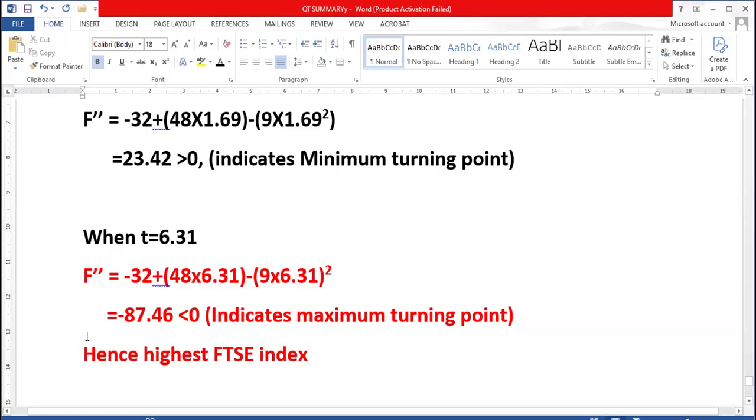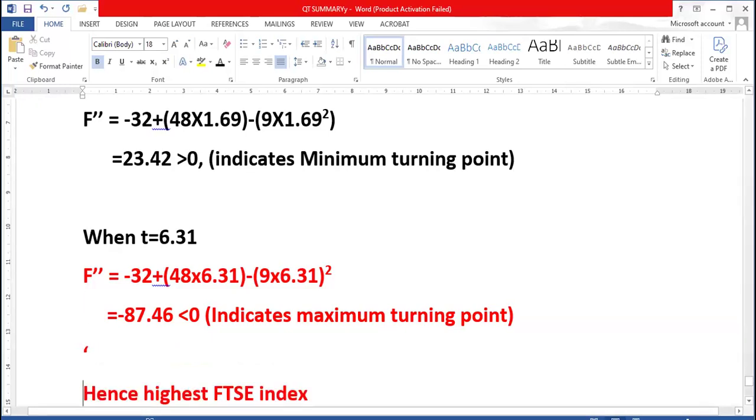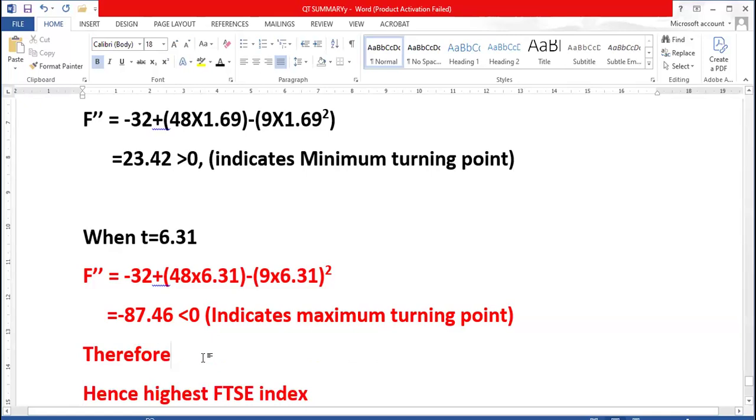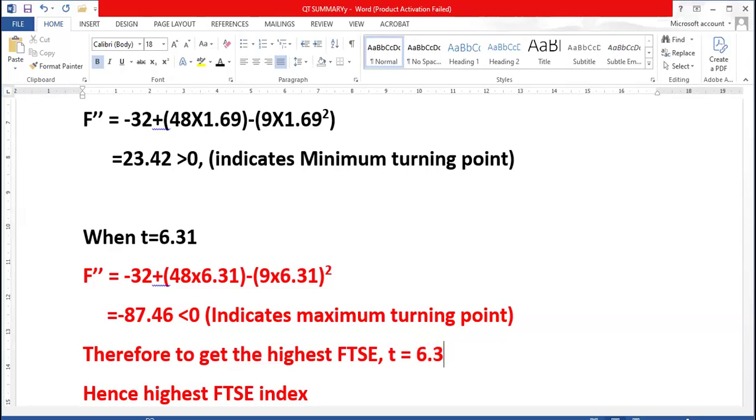Okay, before you do this, therefore you will say, therefore to get the highest FTSE, T must be equal to 6.31.